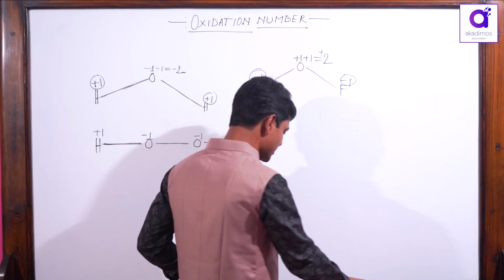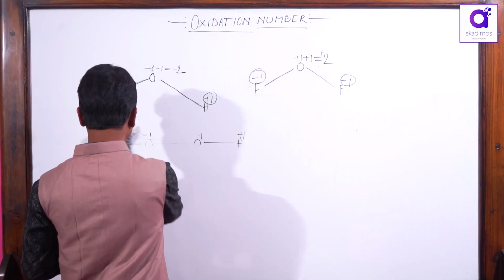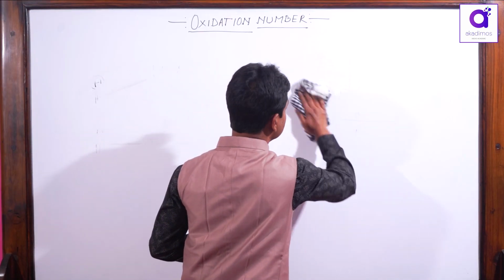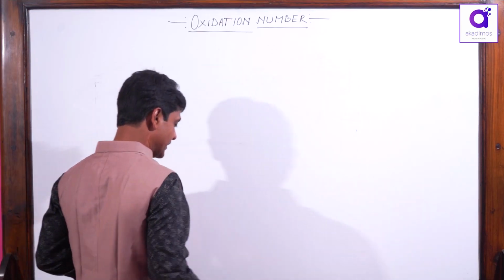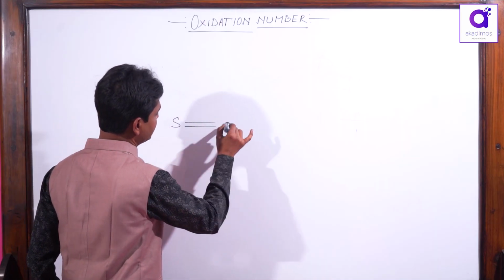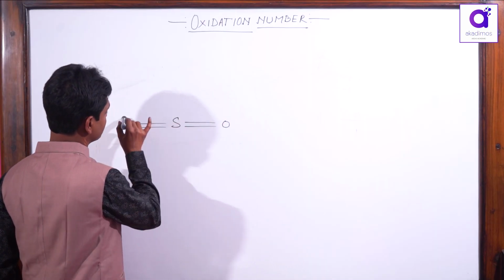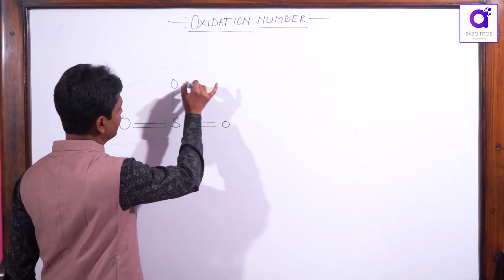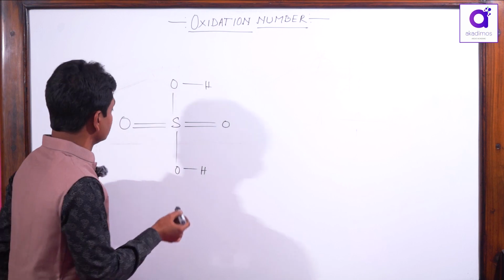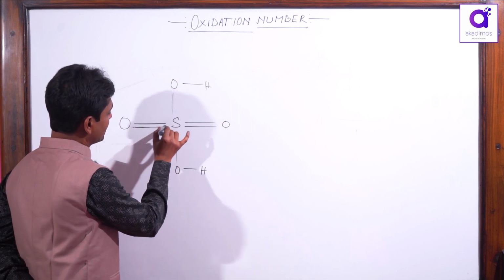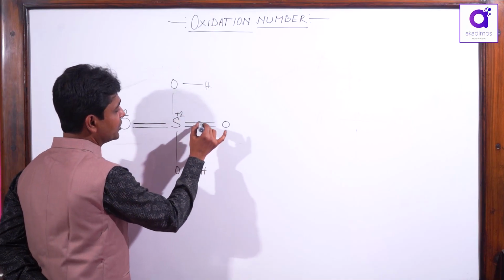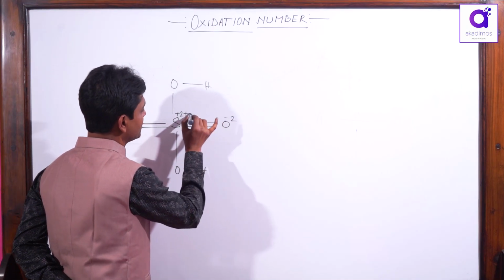I'll give some critical structures from where you will get the oxidation number of different atoms. See my example? A simple structure, if I take H2SO4, this is the structure of H2SO4. Now, for this bond, there are two bonds. Oxygen is electronegative, -2, sulfur here +2. Here also -2, this is +2.